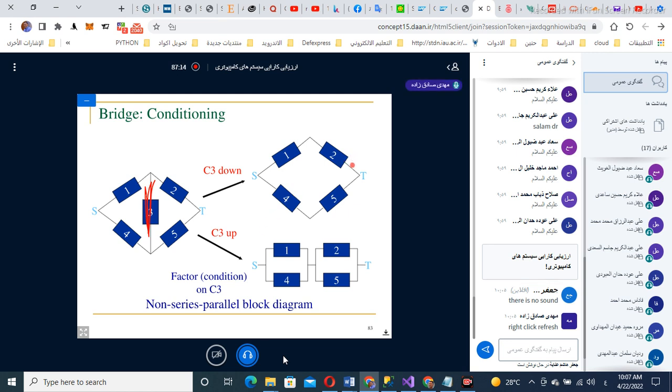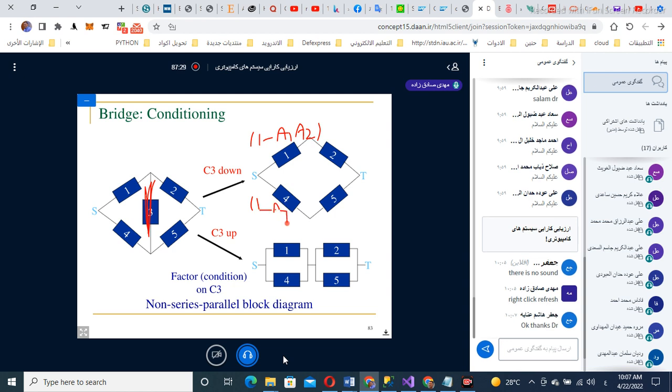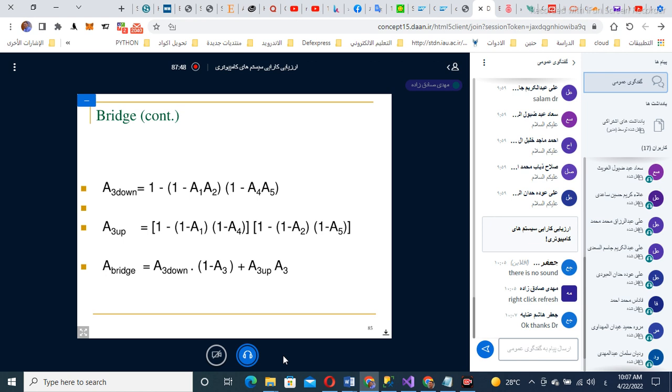If down, here, 1 minus A1, A2 is the failure rate for the top, and 1 minus A4, A5 is the failure rate for the bottom, okay? But that is failure, so it is the multiplication of these. So 1 minus A1, A2 and 1 minus A4, A5. The multiplication of this is the failure rate. And availability or reliability is 1 minus this.